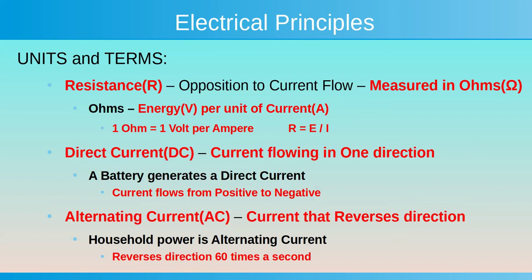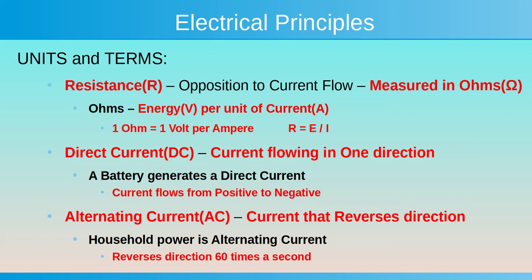Okay, we also will deal with resistance, which is the opposition to current flow. So voltage, potential, force is what causes current to flow, charges to move. Resistance is opposing that and tries to prevent current from flowing.